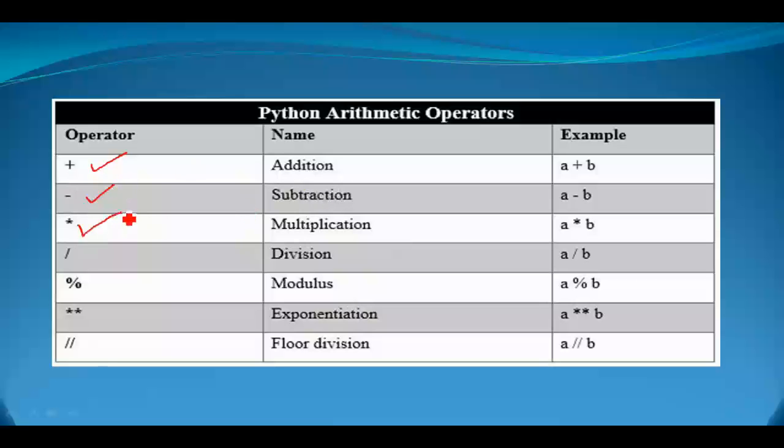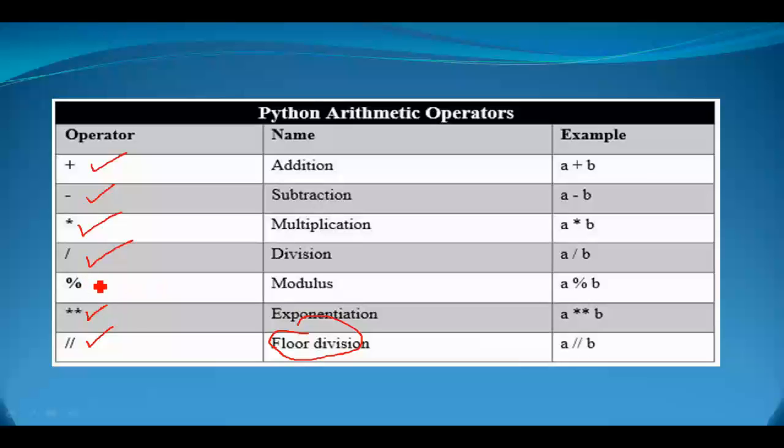A plus sign is the symbol of our addition operator. Minus is subtraction, asterisk is the symbol of multiplication. Then we have division, and there is also one kind of floor division, which I am going to tell you about. Here division is of two types.